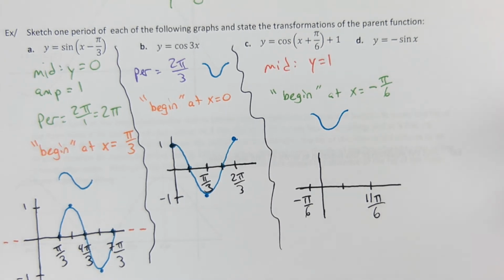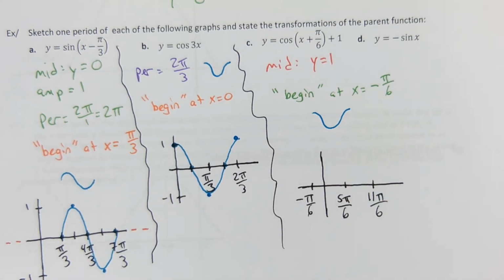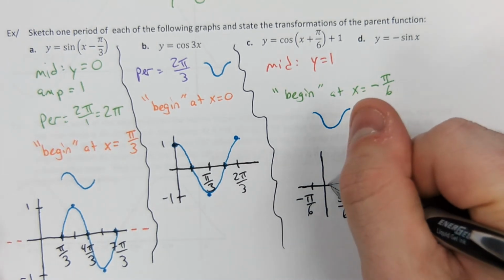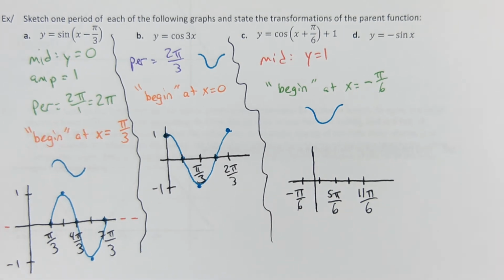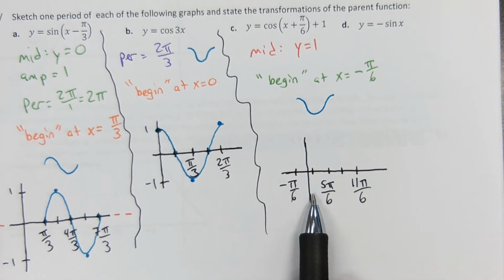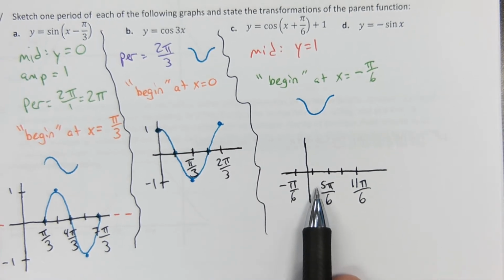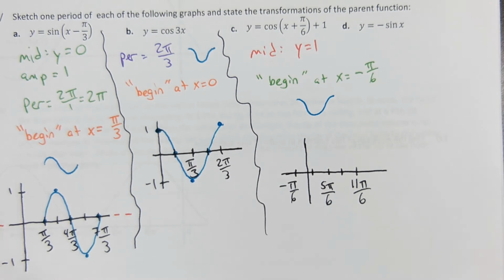What is that? 5 pi over 6? Yeah, that's 5 pi over 6. And then halfway between those, do your best, is where you're going to find your other ones. That's 2 pi over 6, so pi over 3. Yeah, so that's pi over 3, and then 8 pi over 6, which is 4 pi over 3.